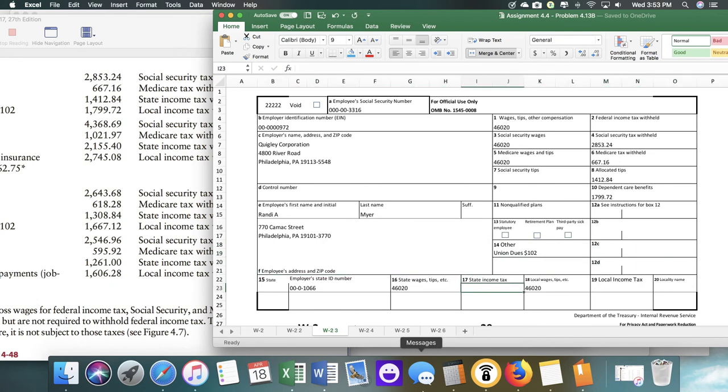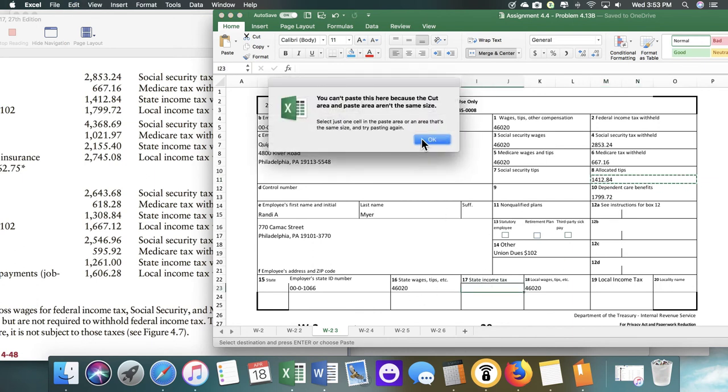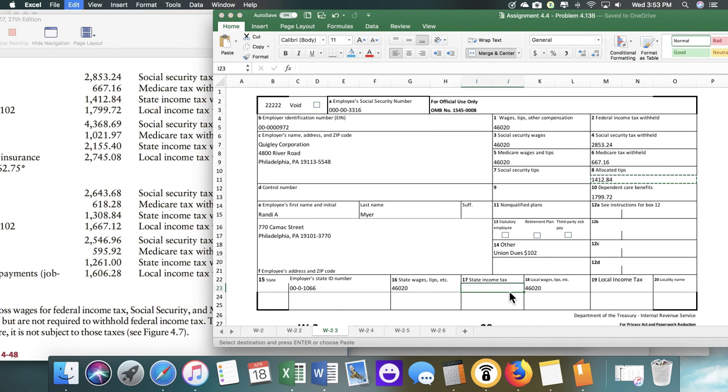Okay, that is my fault for not paying closer attention. Again, the locality name is going to be Philadelphia. And then that is all you would do for this individual.